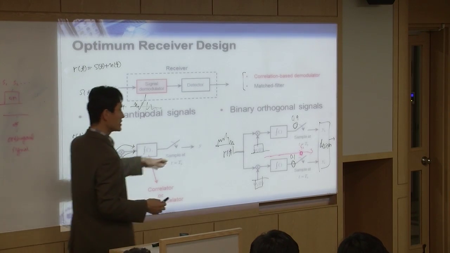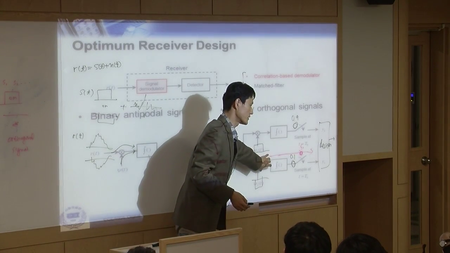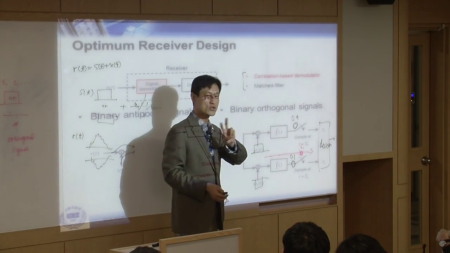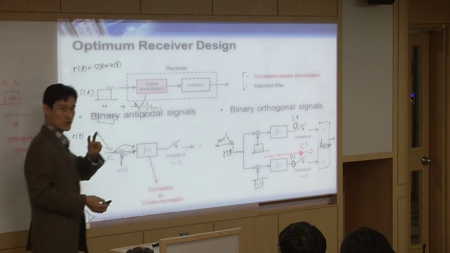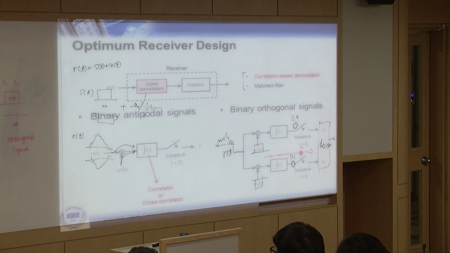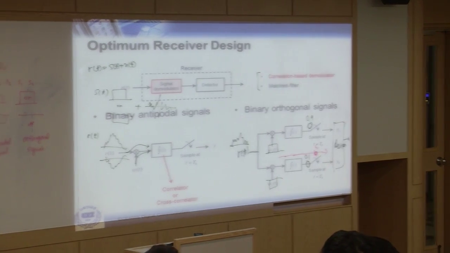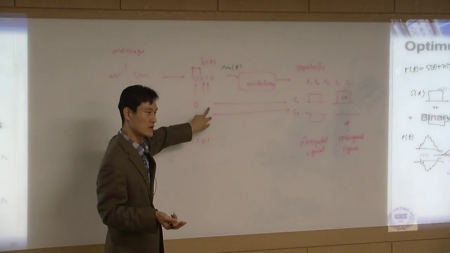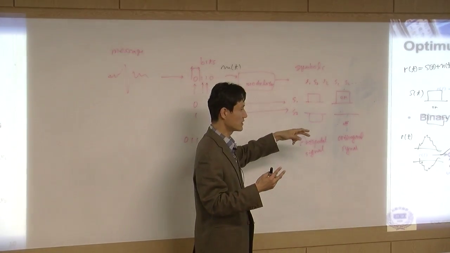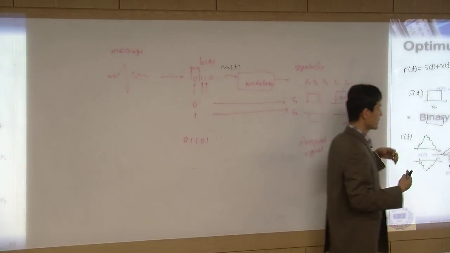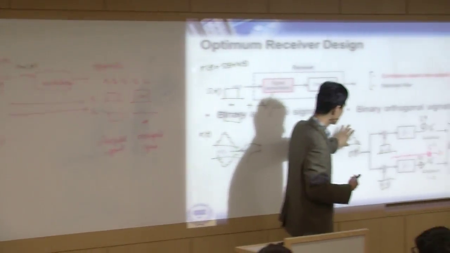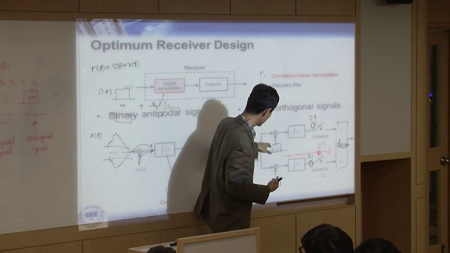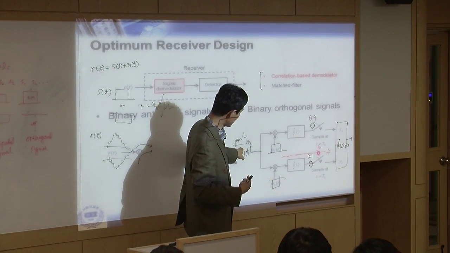Since this is a binary signal, we have two correlators, because we have only two choices, right? Because this is binary, eventually we're going to decide this one or this one. This is simple binary, so we just correlate two of them. We calculate the correlation between this and that, and also the correlation between this and that.